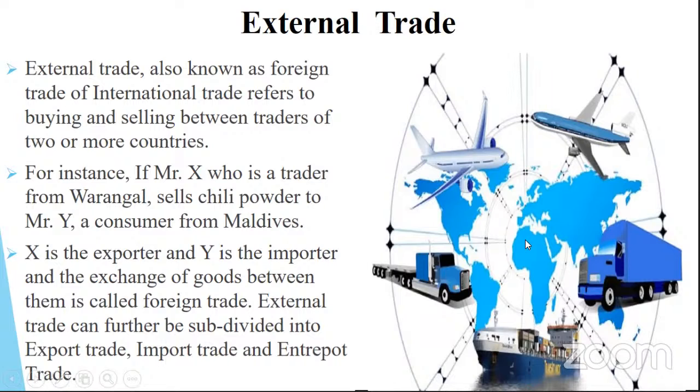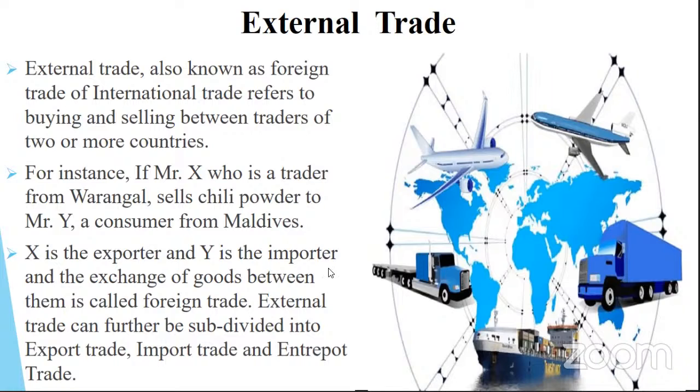The external trade is also known as foreign trade or international trade, because we are selling and purchasing goods from other countries, not national but international, other than our country.